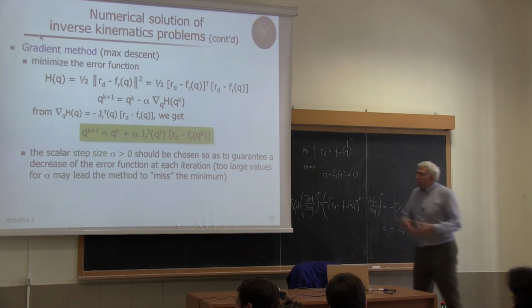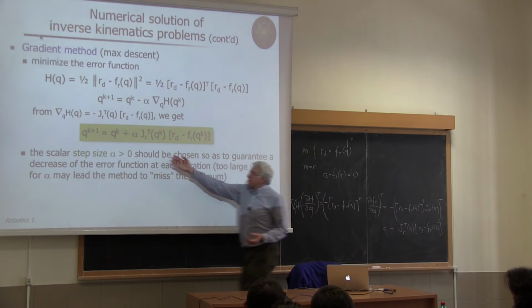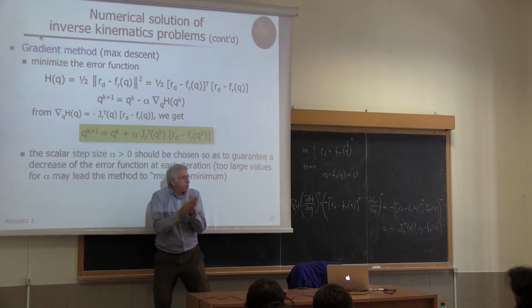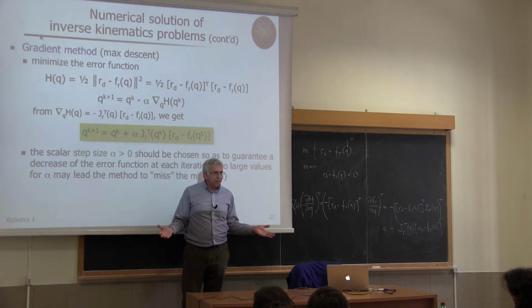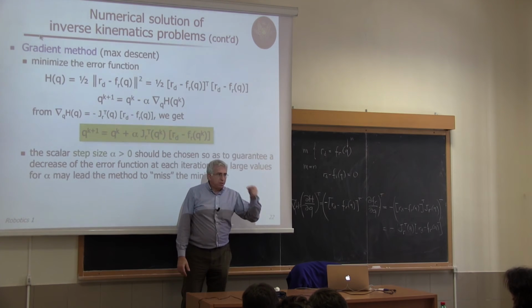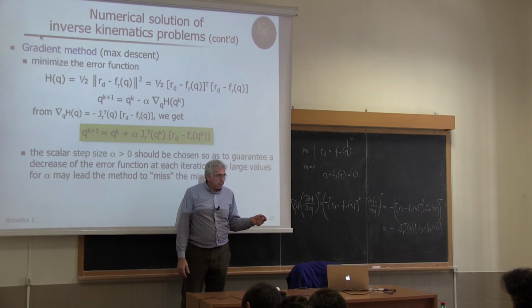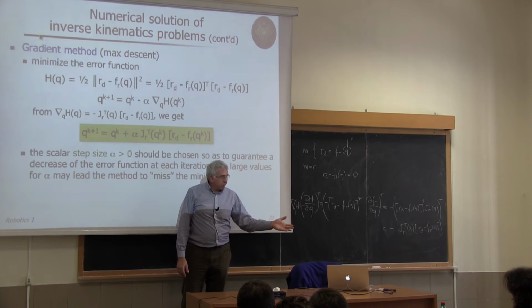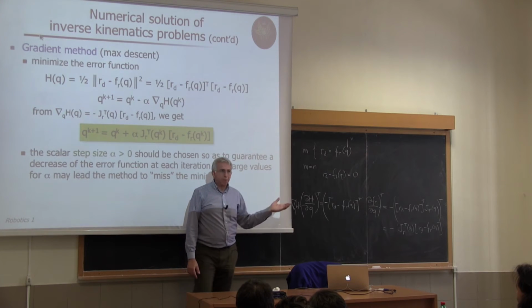But I will not move my estimate, because if this is 10 to the minus 6, q k plus 1 will be very close to q k in any event. So I will make very small steps toward the solution. It could take 100 iterations to go to the solution, which is too much.